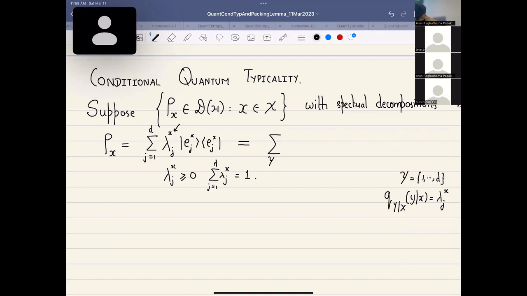I should really be just saying an index x at the top, but how does it matter? I'm just going to say y given x, just to put it in the same framework as in the classical setting. And here I will say e of y given x, with y belonging to the set of y, with spectral decomposition.